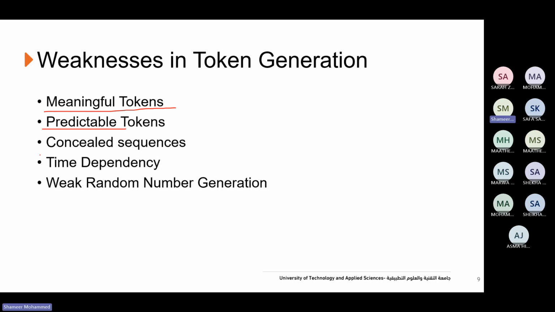Do not generate concealed sequences. Any token generated in the form of a sequence, with no time dependency and not random, these are all the weaknesses in generation of a token.